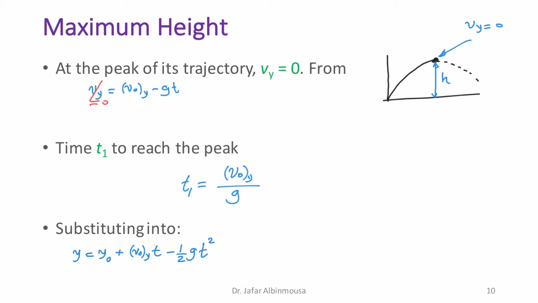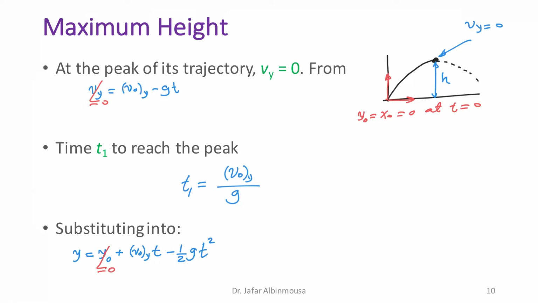As we said in the previous slide, we always take this position as the reference and assume that y0 equals x0 equals 0 at time t equals 0, which means that this term is equal to 0.